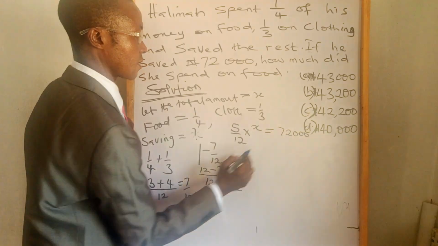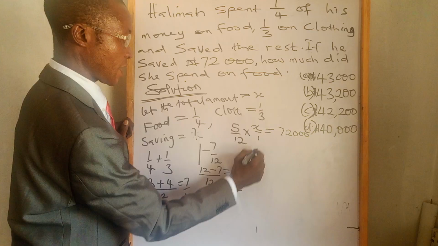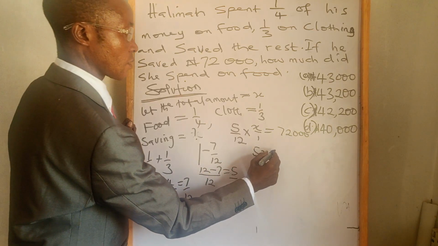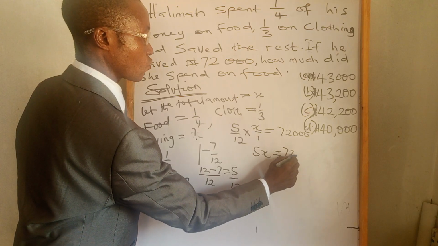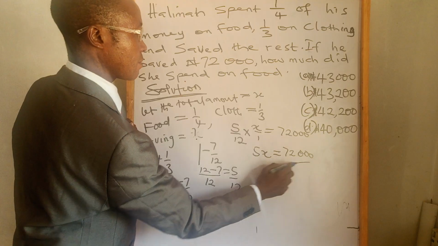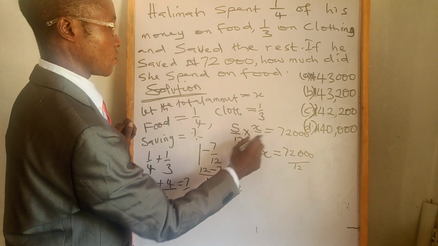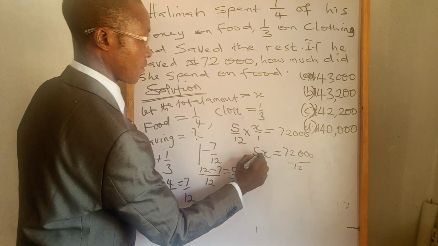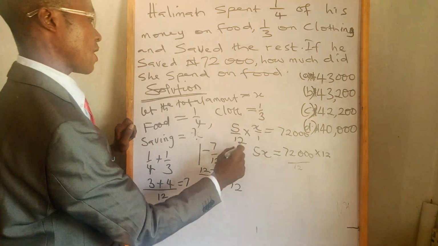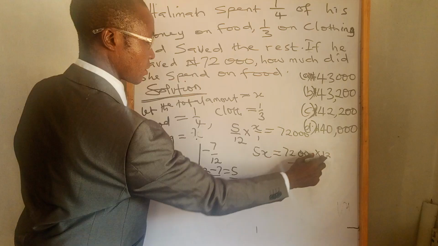So now you say 5 multiplied by x, that will be 5x is equal to 72,000 divided by 12. So we cross multiply. 5x is equal to 72,000 multiplied by 12.